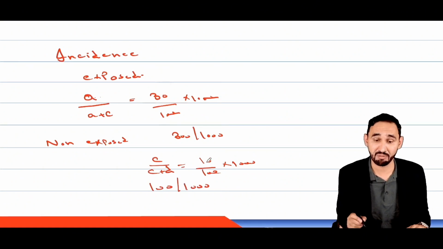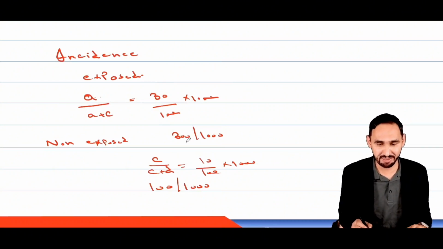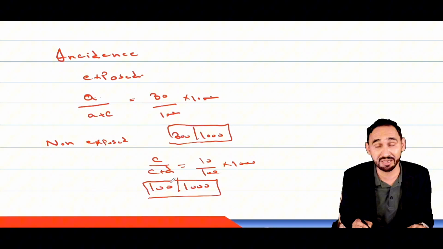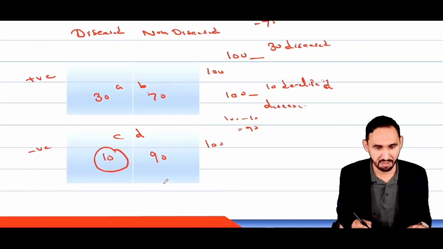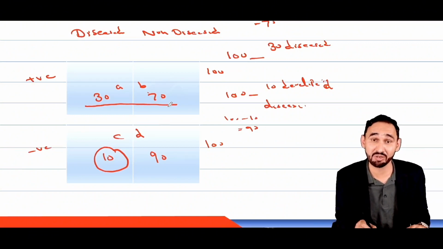What does this mean? Among 1000 smokers, 300 develop lung cancer according to our study. Among 1000 non-smokers, 100 can develop lung cancer in our study. So incidence is greater in smokers. There is association between lung cancer and smoking, or between the risk factor and disease. We can see we move in this direction while constructing the 2 by 2 table in a cohort study.